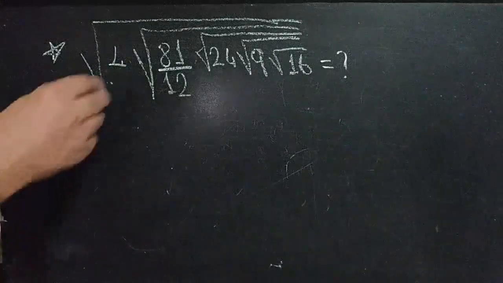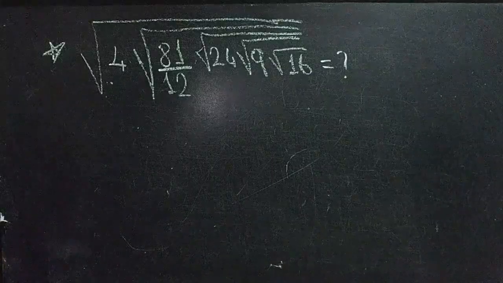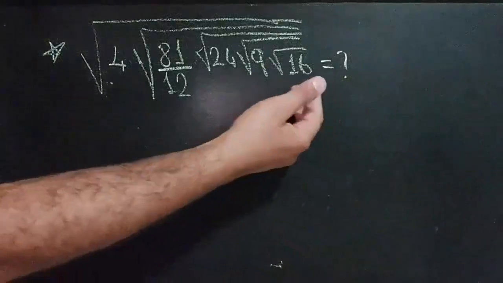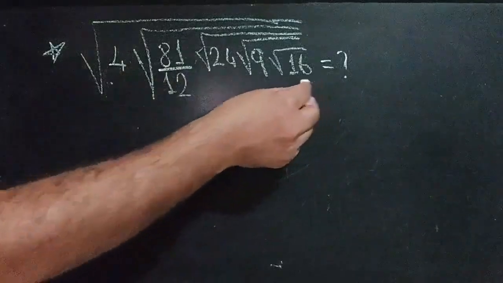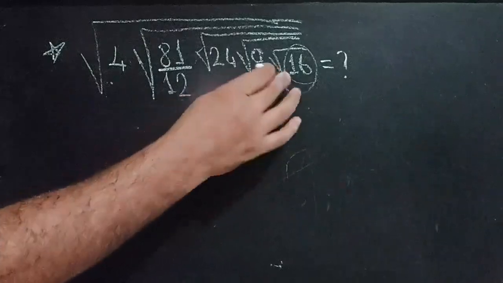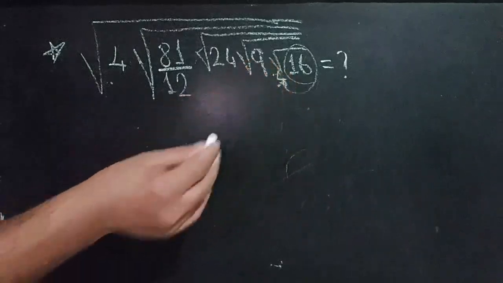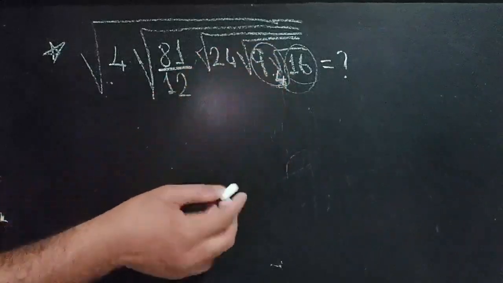See, this question is a bit longer, but no worry, we just start from there and go to big square root. So this will come out as 4. 9 times 4, 36.